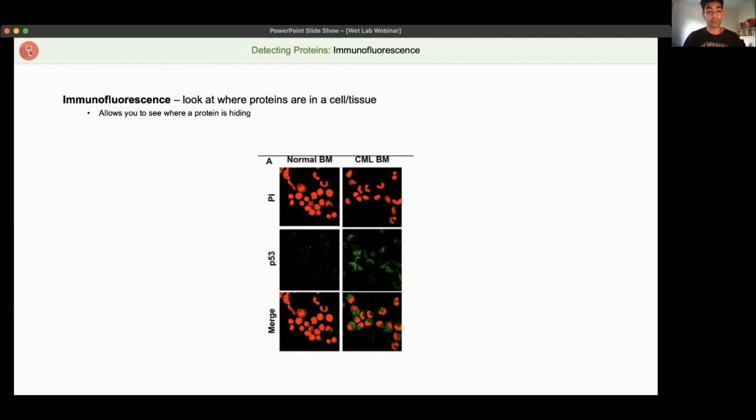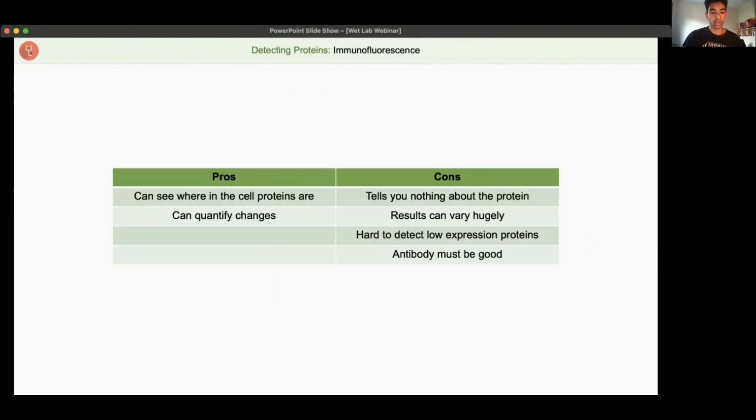You do have very, very good microscopes, which can be used quantitatively, but a regular old microscope in a lab won't be too good at doing that. So again, that's a disadvantage. Results can vary hugely. Having done this myself, you get very different values on different days for immunofluorescence and using different softwares to detect the fluorescence. So it's not the best at being quantitative, and it tells you nothing about the protein.